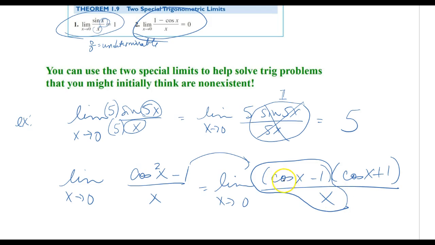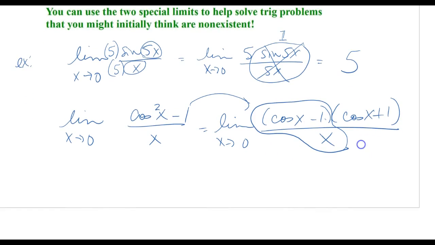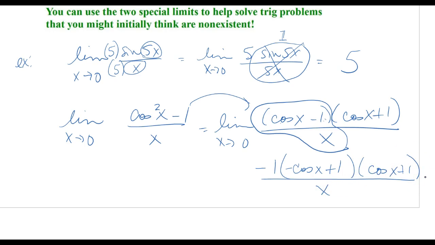I realize that the 1 and the cosine have switched places, okay? But that's okay because if I factor out a negative 1 from this right here, what am I going to have? I'm going to have negative 1 times negative cosine x plus 1 over x, and then recopy this. Okay, so now look, this is great.